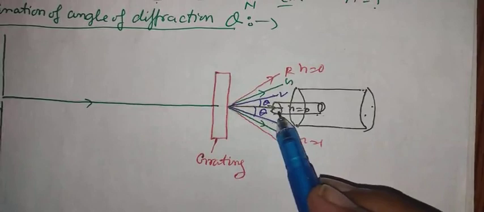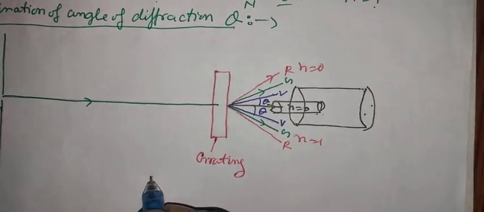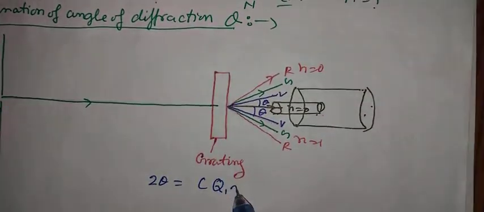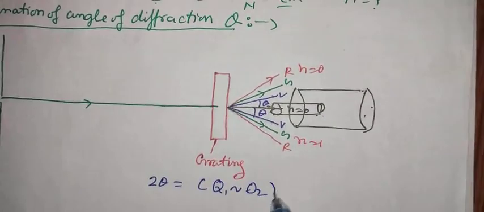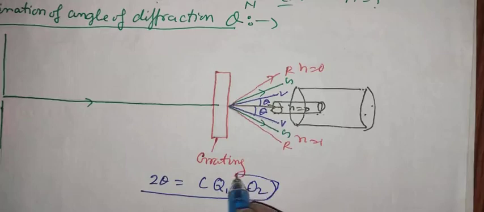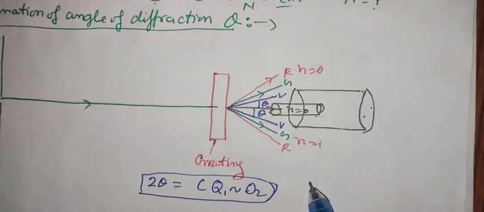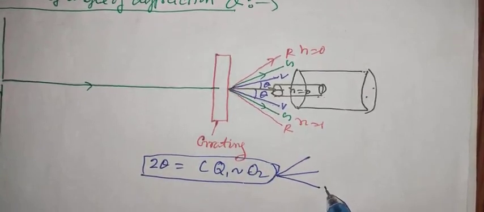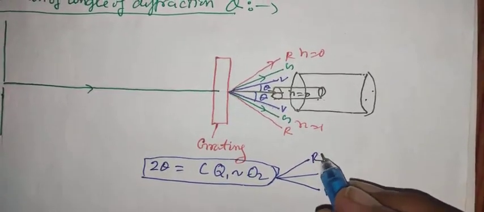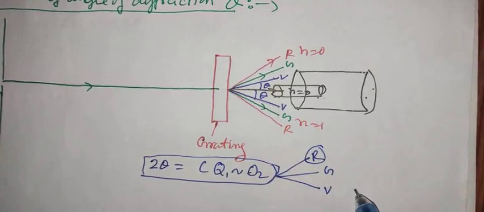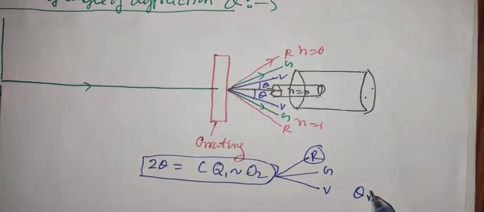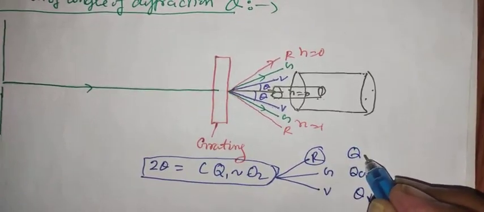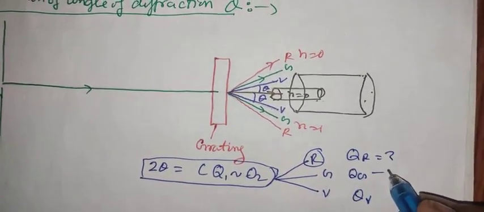The difference between both is called 2 theta. This is obtained for a given color, and it is done for all three colors: violet, green and red.